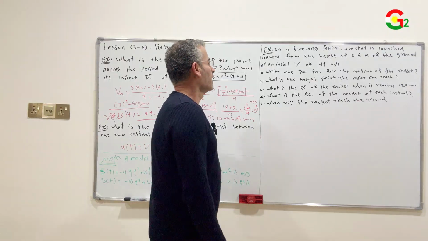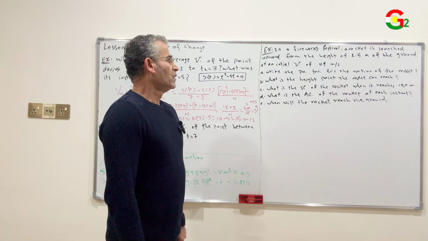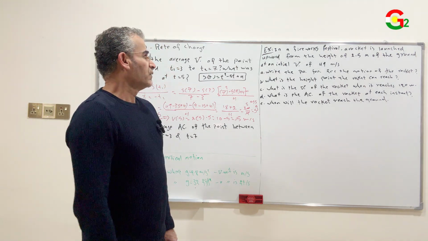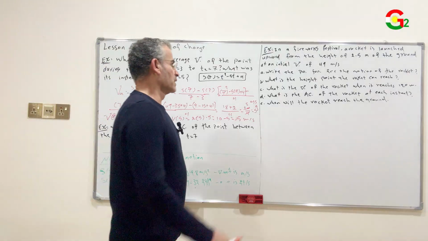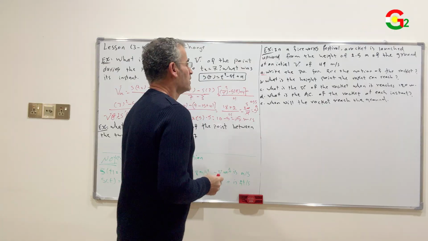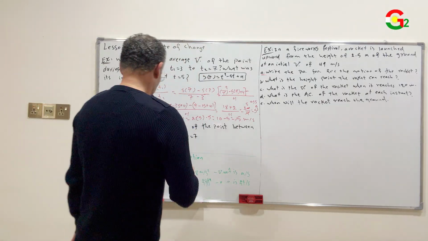Example, in a firework festival, a rocket is launched upward from a height of 2.5 meters above the ground at an initial velocity of 49 meters per second. Needed: A, write the position function for the motion of the rocket.